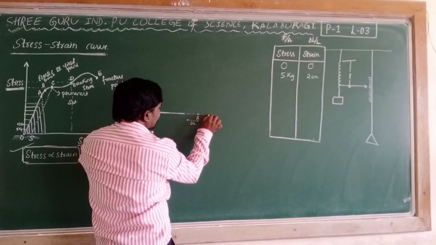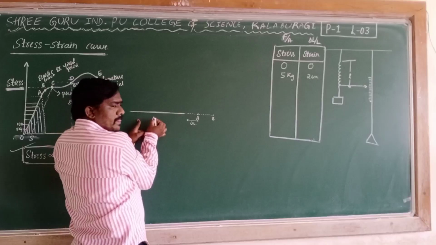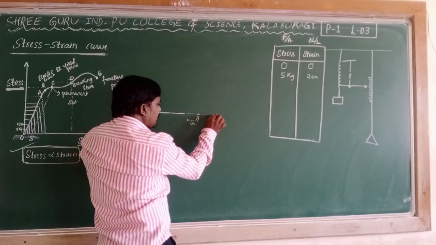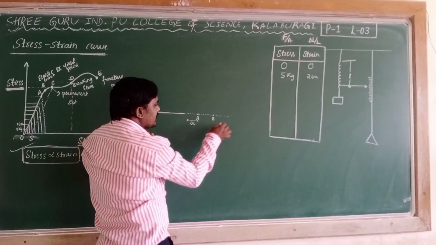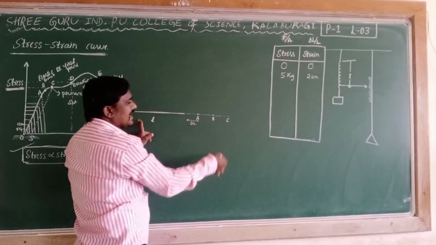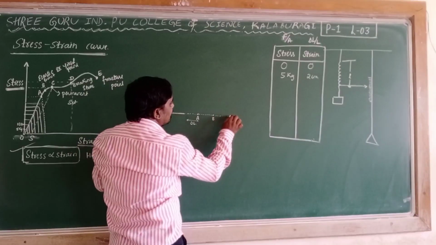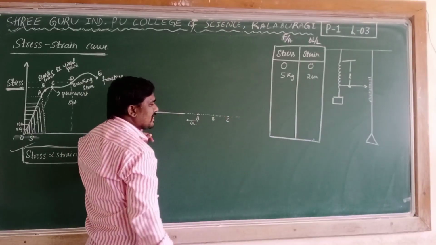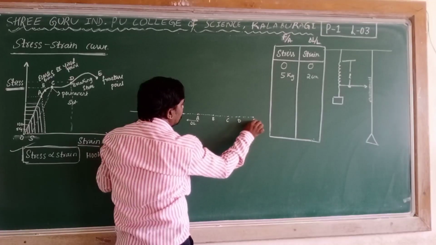Again we apply a stress up to this point B, and up to this also it is going to regain. But beyond this point, if we apply a stress, it is not going to regain. This is converting to plasticity. Again, this is also a large plastic range, that is D, up to the point where it is going to break.